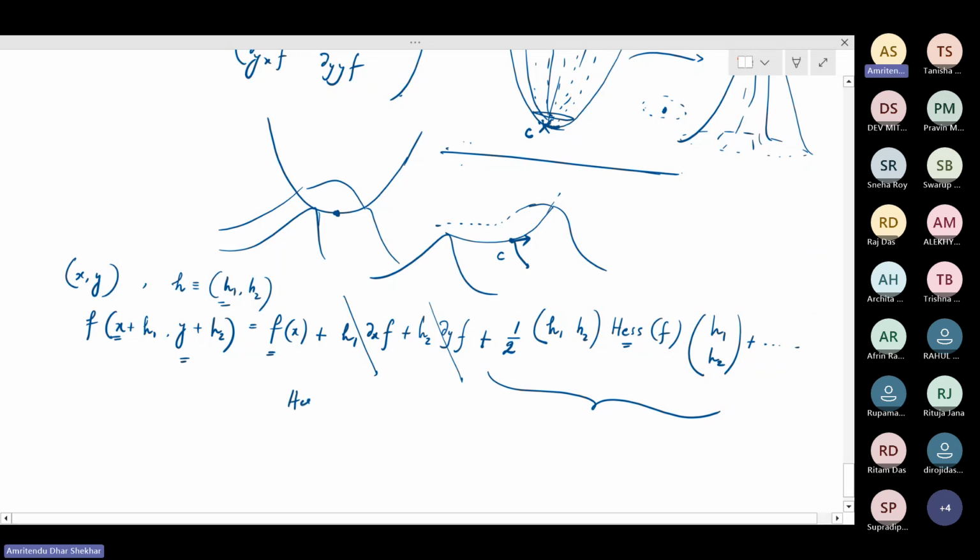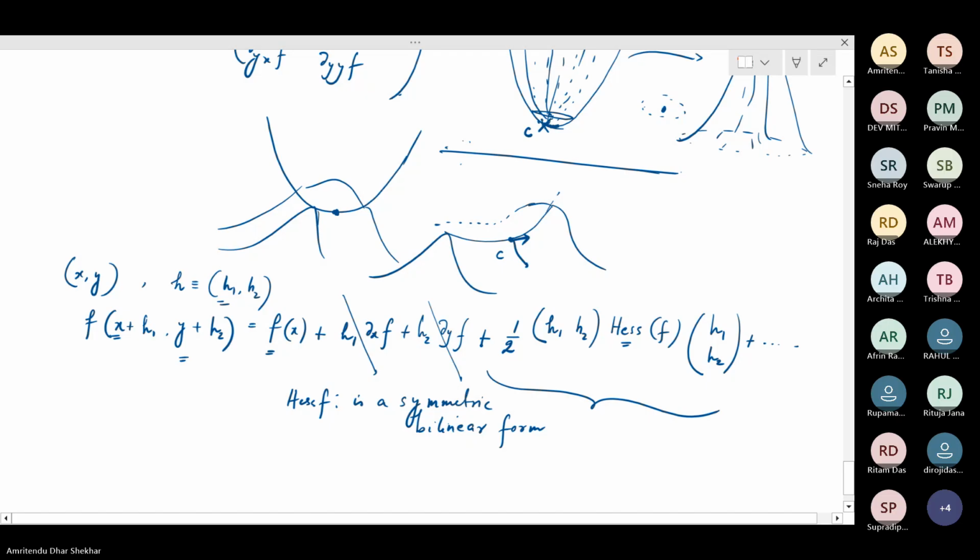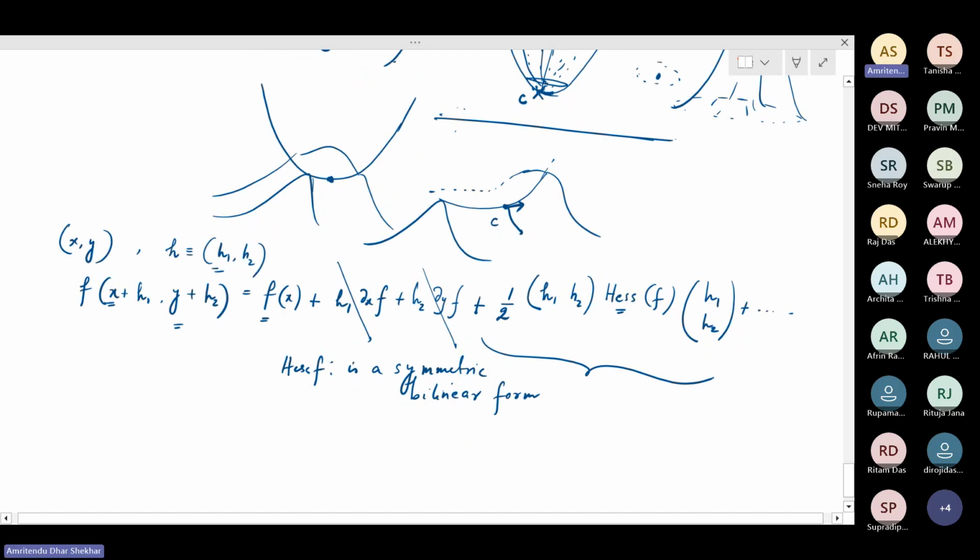Hess of f is a symmetric bilinear form, and we evaluate it at this vector h.